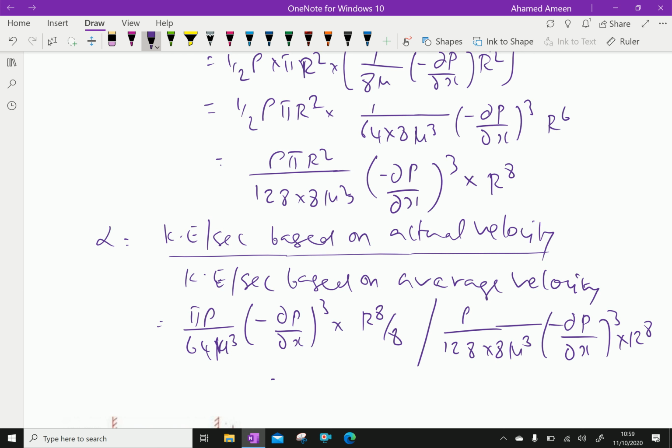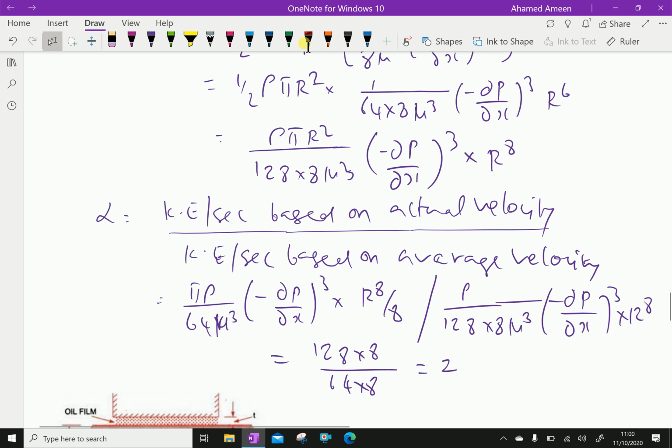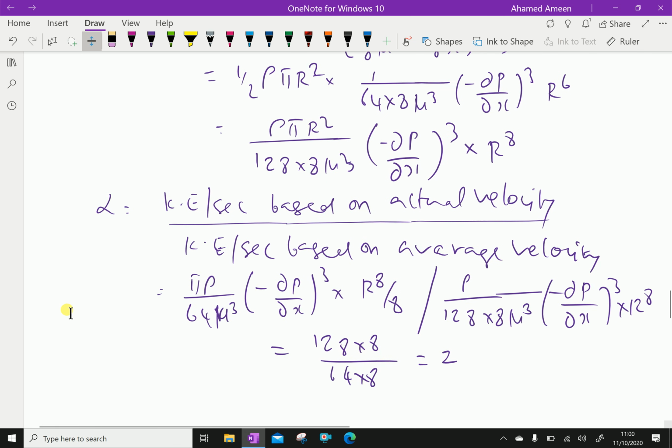So we have all terms cut, and finally 128 into 8 over 64 into 8, which is equal to, therefore, we'll get alpha equal to 2. We proved.